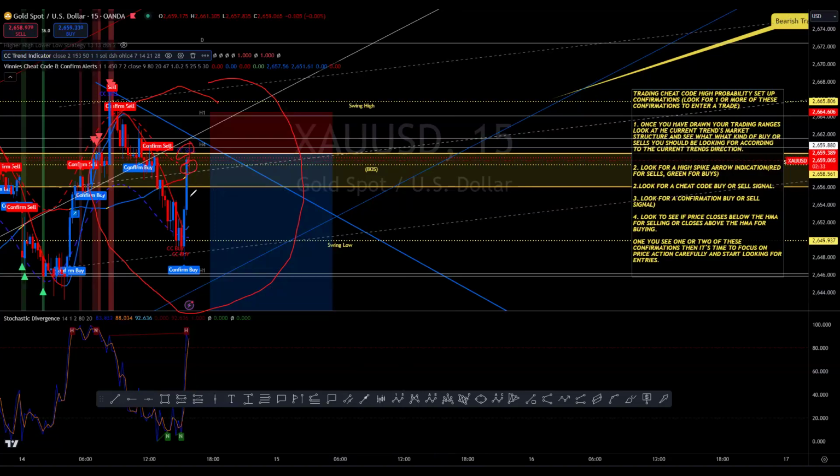Because if the price was really going to go down, it would have gone down minutes ago. We've got less than 2 minutes before the 10 o'clock candle closes.